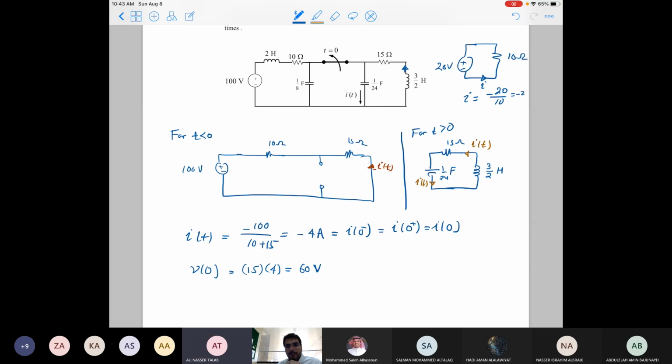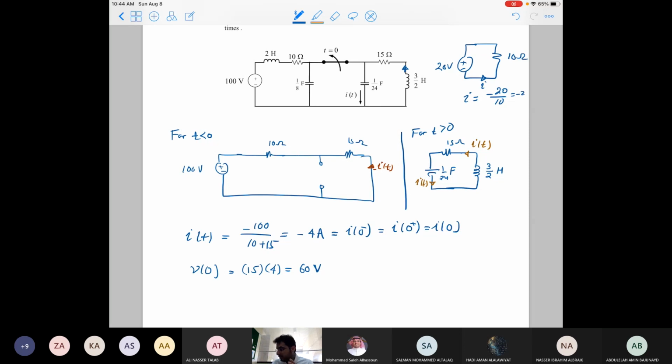Isn't the current flowing from the 100 volt to the circuit from the right? What we are interested in here, Ali, is, don't think about it this way. Think about it as the current passing through the inductor. There is an assumption in the direction of the current.